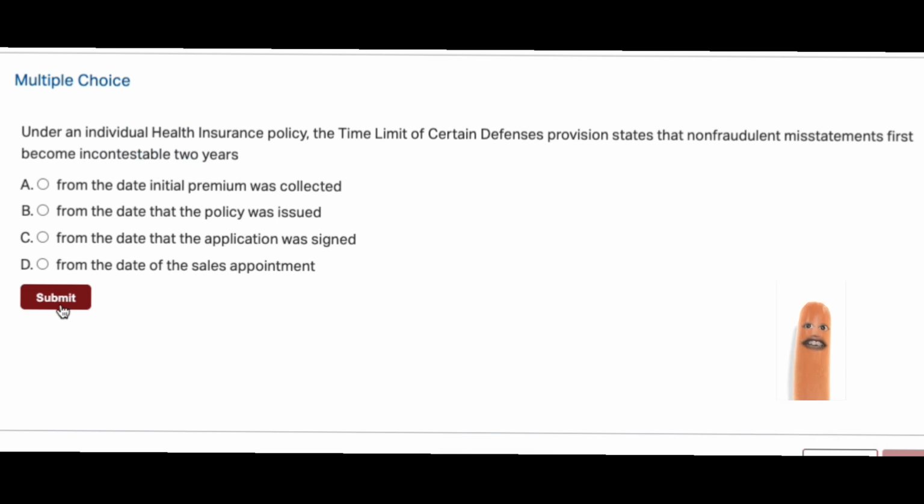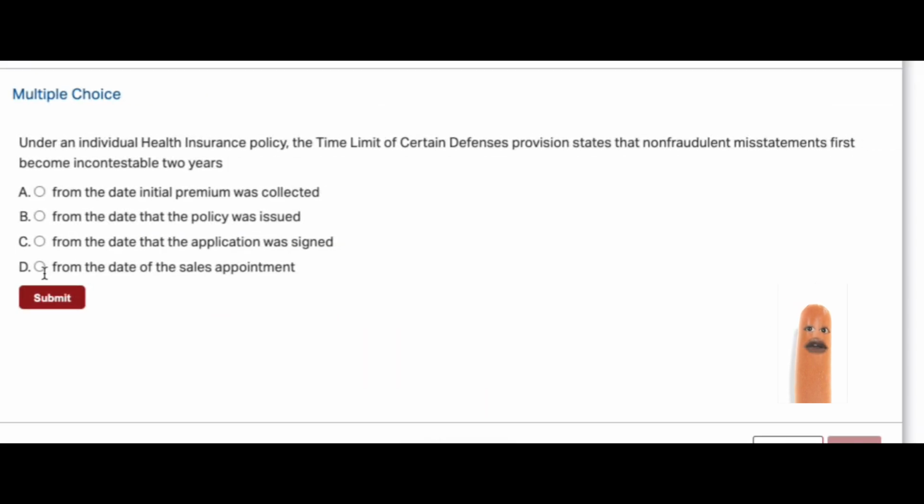Under an individual health insurance policy, the time limit of certain defense provisions states that non-fraudulent misstatements first become incontestable in 2 years. A, from the date the initial premium was collected. Or B, from the date that the policy was issued. Or C, from the date the application was signed. Or D, from the date of the sale appointment.